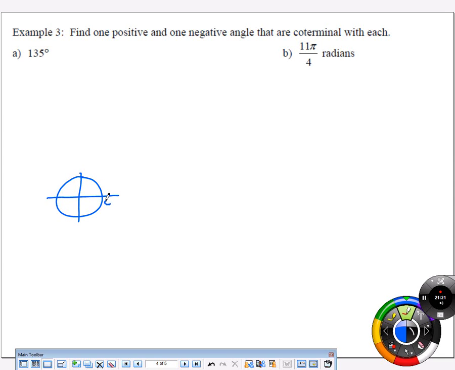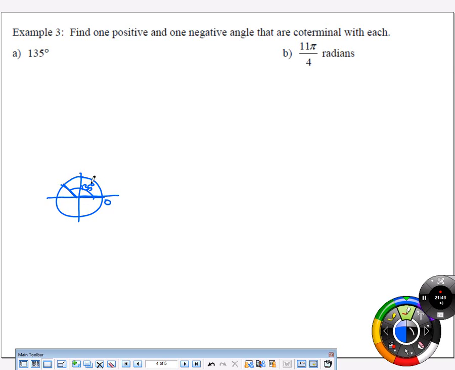135 degrees, its initial side is at 0. And to go 135 would put me in which quadrant? 2. So it would go around till whatever we said is 135 degrees. Right? So how would we find another positive angle that also ends up at that spot, but isn't represented with the same number as 135 degrees? Good.